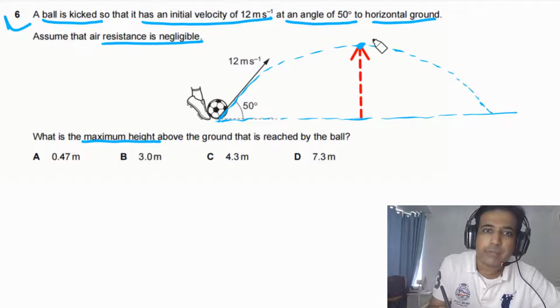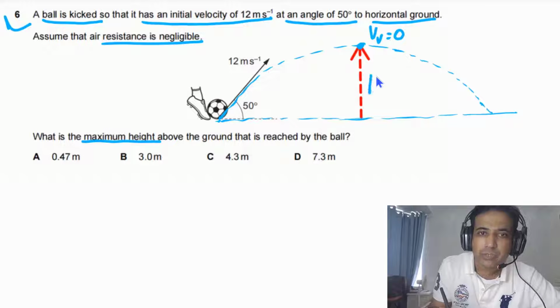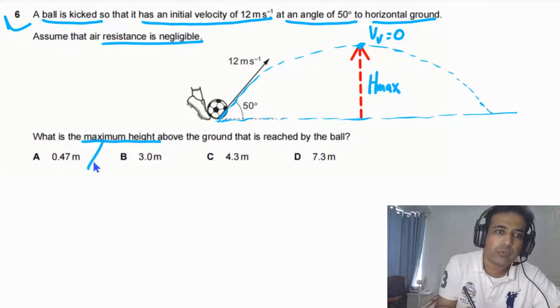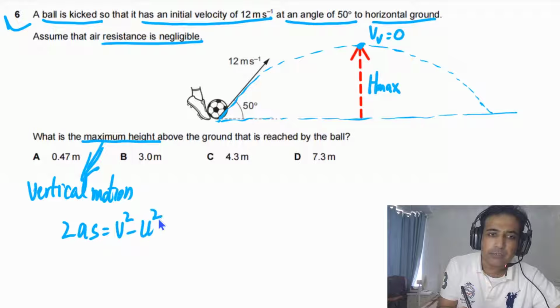And when the ball is at maximum height, the vertical component of velocity will be equal to 0. We need to find maximum height, so in this case we can consider vertical motion only. Acceleration is constant, so we can simply use 2as is equal to v square minus u square.